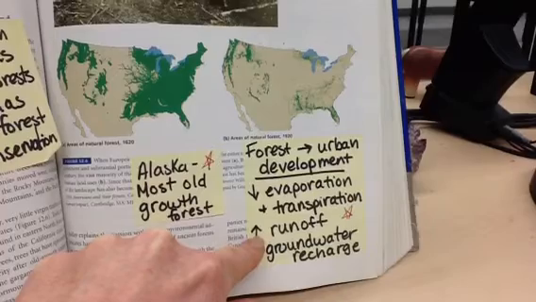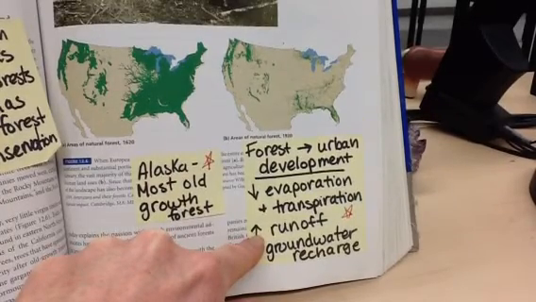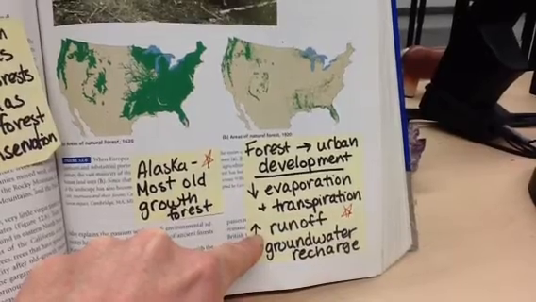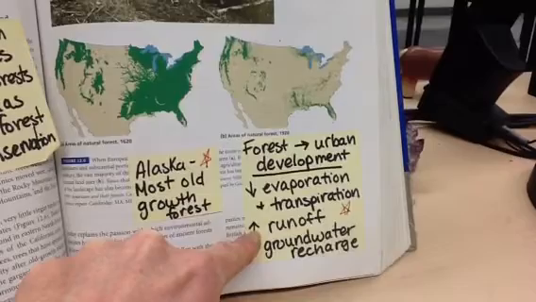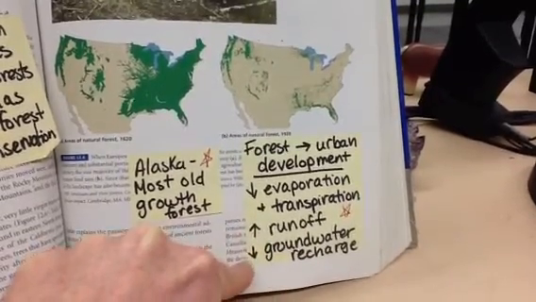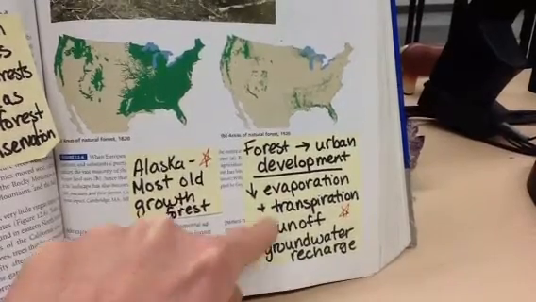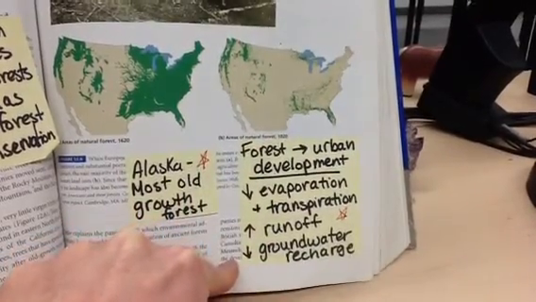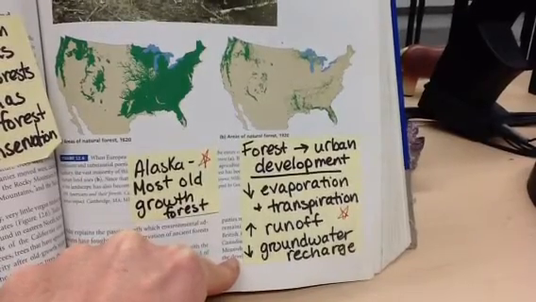So when there are fewer trees, it's just going to run off into rivers and streams, and we're not going to send it underground. Sending it underground is better because it's long-term storage. Rivers don't give us much storage, they go right to the ocean. So you have an increase in runoff and a decrease in groundwater recharging. So these are all things that happen to the water cycle when you cut down forests and you build cities.